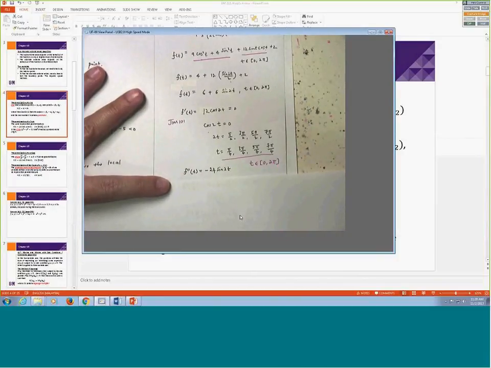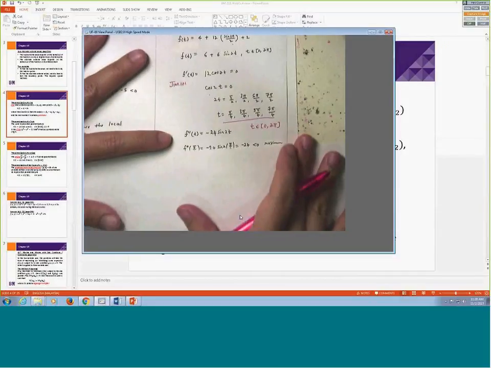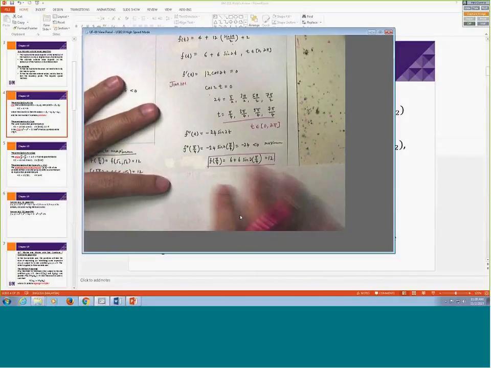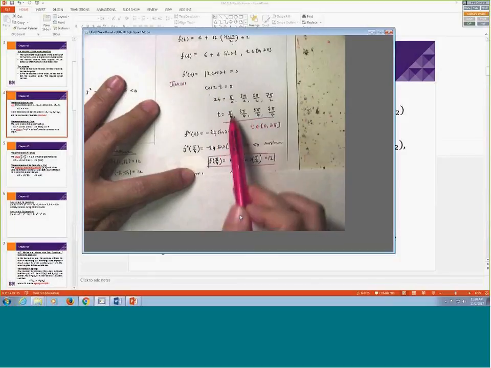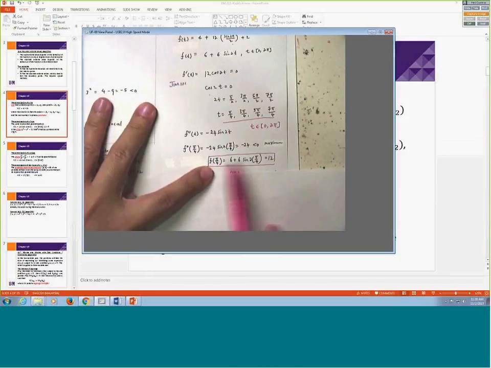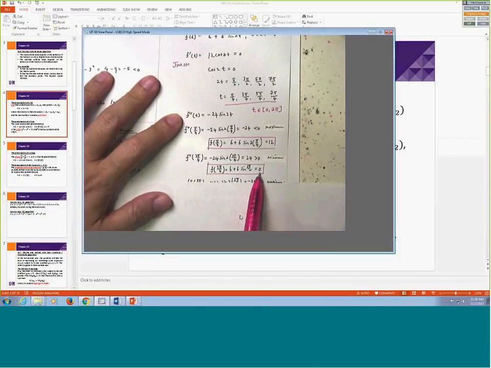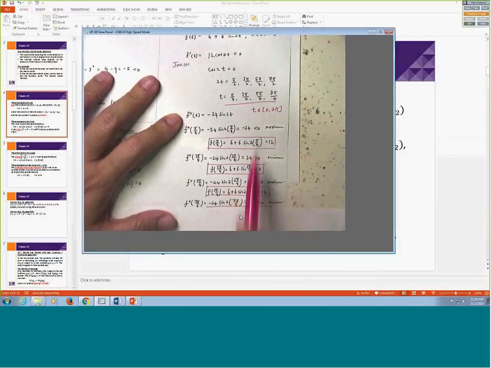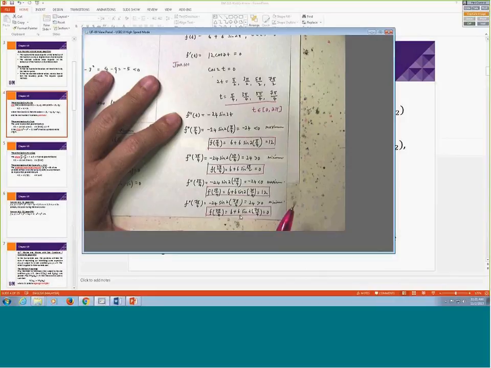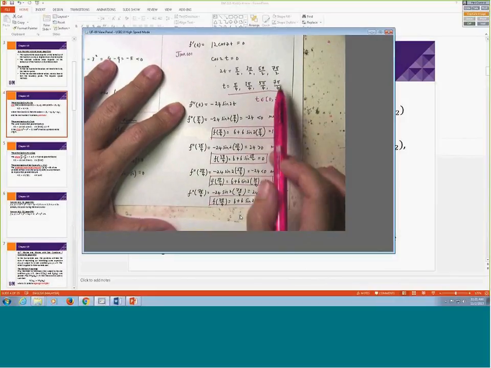Then find the value at this point: you get 12. The value at the second point is 0. The value at the third point is 12. The value at the last point is 0.